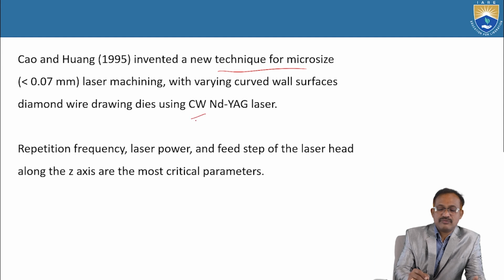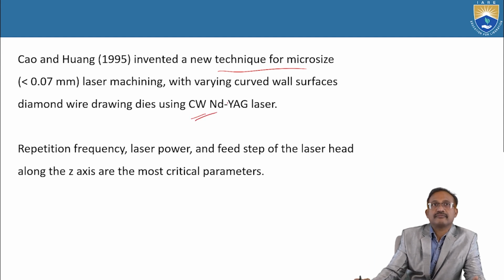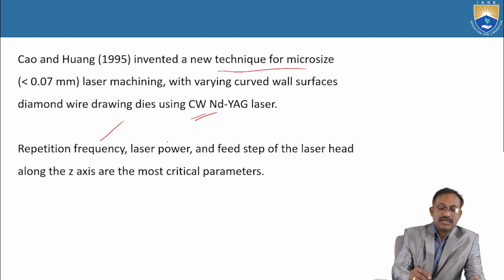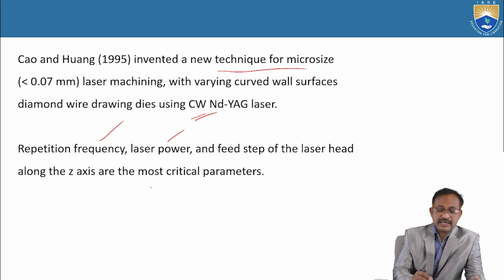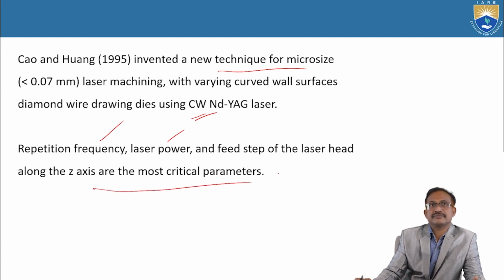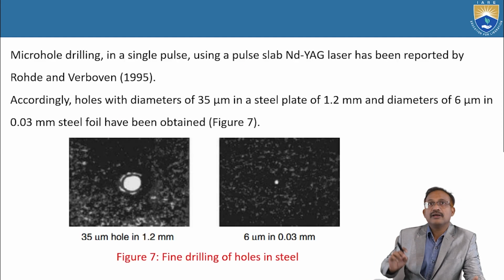So here CW means continuous wave. Repetition frequency, laser power, and feed step of the laser head along the z-axis are the most critical parameters.